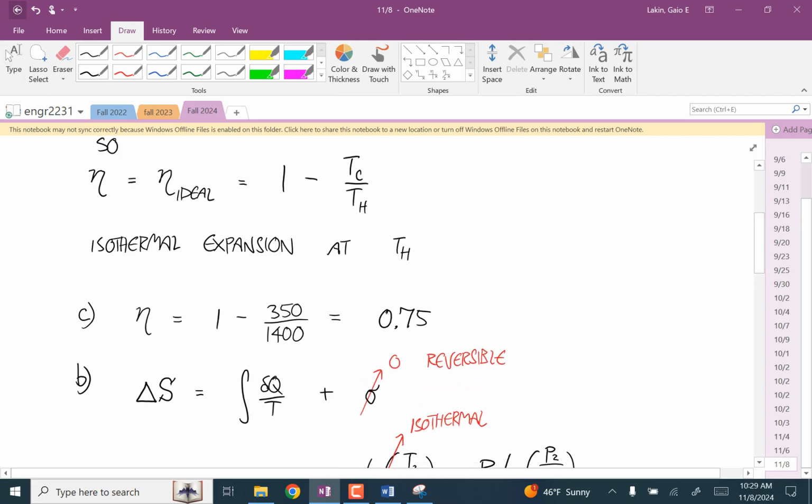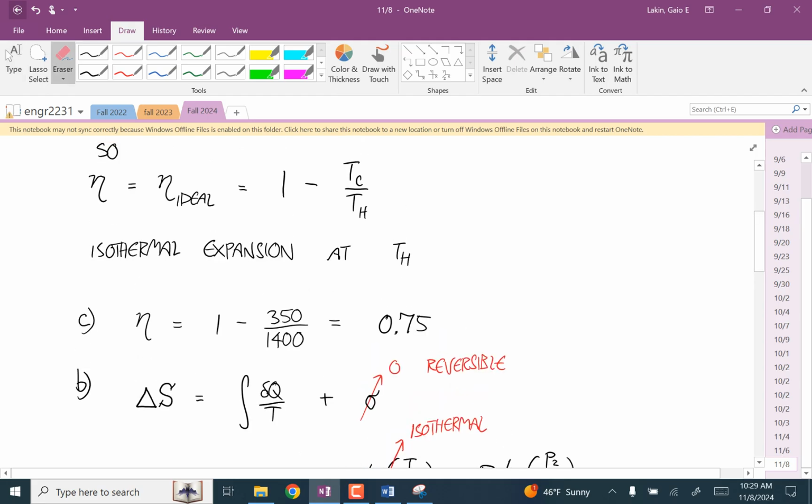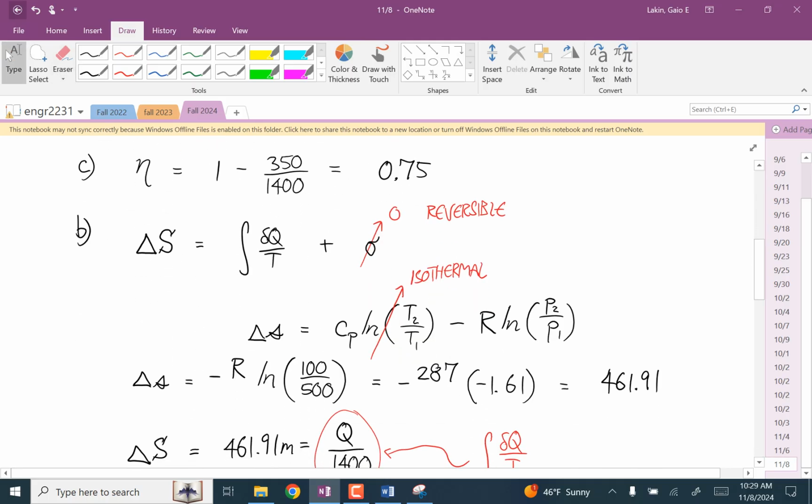Maybe first, if it's a power cycle, I know some extra stuff about the efficiency, but mainly if it's reversible, this relationship between the change in entropy and the heat divided by the temperature.